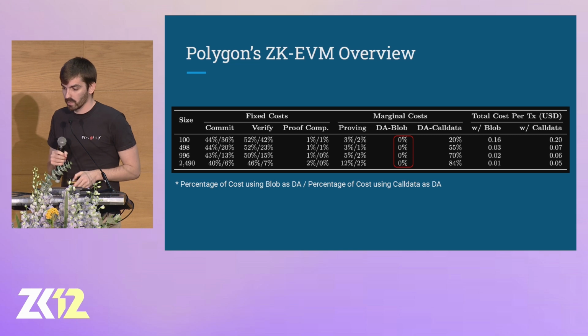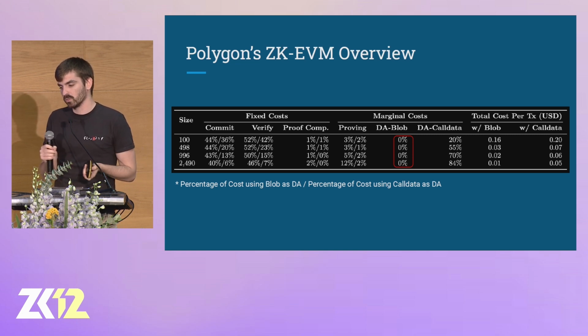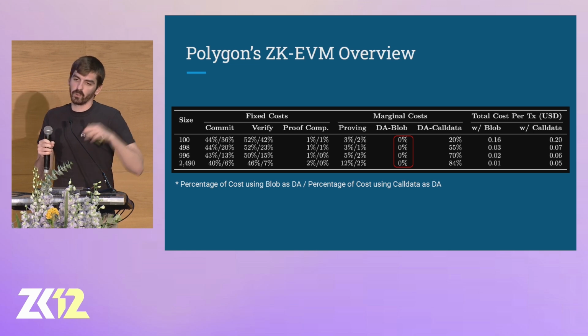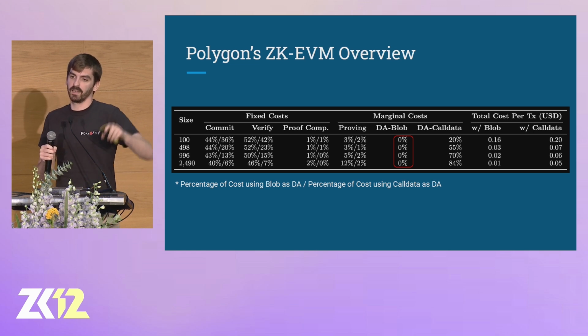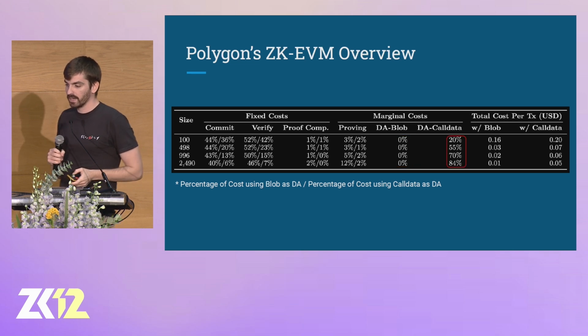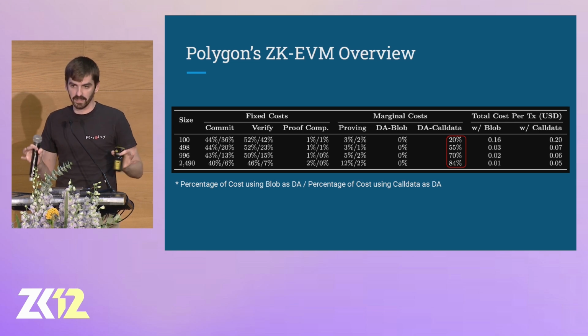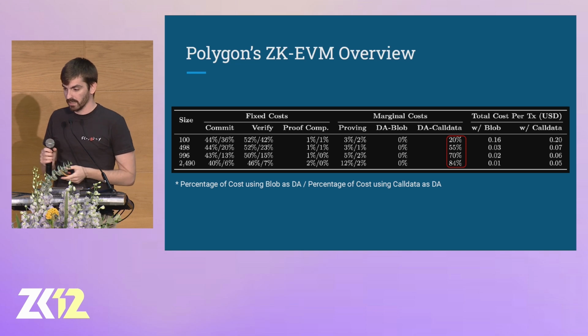And that's why we also captured what the cost would have been if they used calldata with prices before the introduction of proto-danksharding. Which you can see, when we have a larger size of batches, then DA is our main cost in case of using calldata.